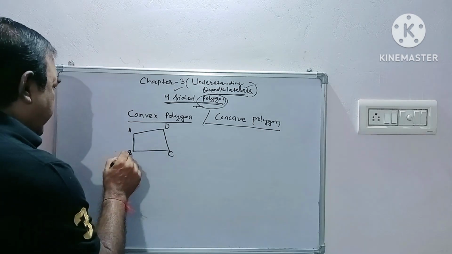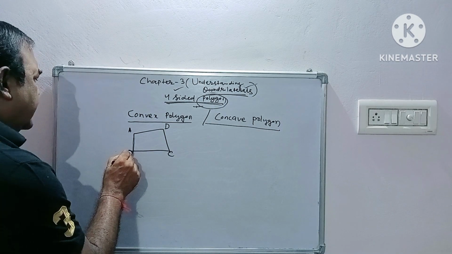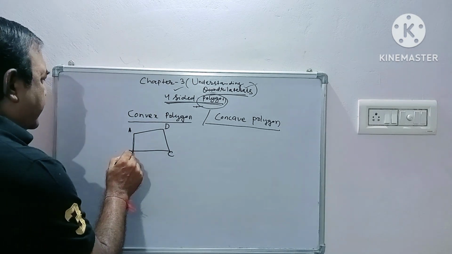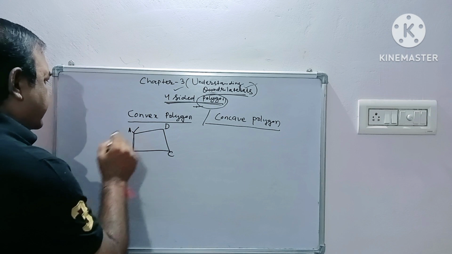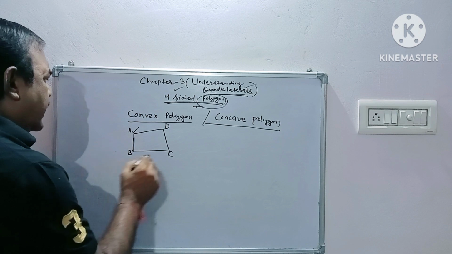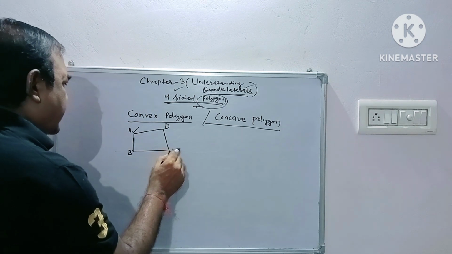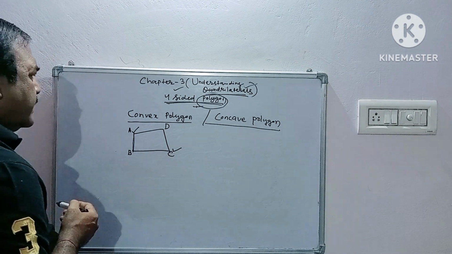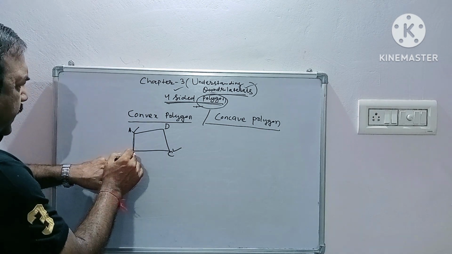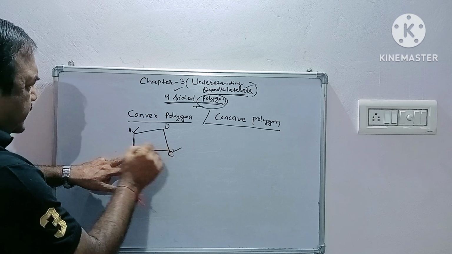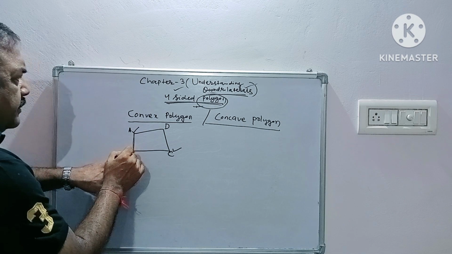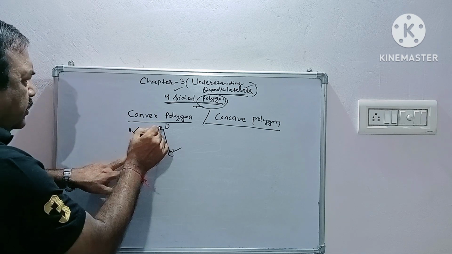Suppose you take the vertex B. With respect to B, A is one consecutive vertex, and the point C is also a consecutive vertex. So if you move from point B, you will meet point C, or you will meet point A. You do not have direct contact from this point to that point.